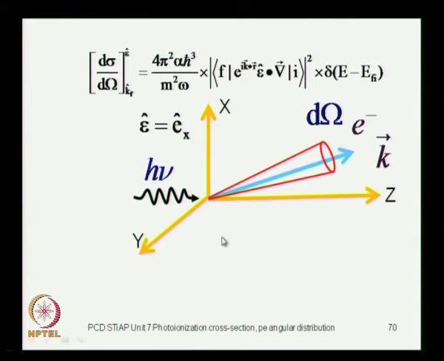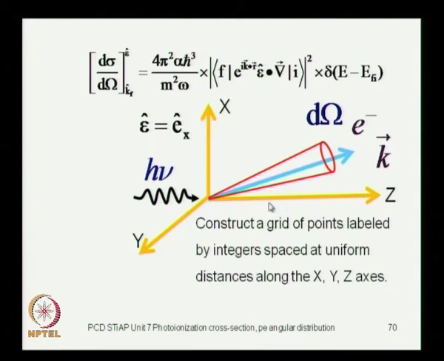So, what we do is we construct a grid of points, so that each of these axes, like x axis, y axis and z axis, instead of looking at them as length axes, we consider them to be 3 orthogonal axes in the number space. So, you have got nx along one axis, ny along the orthogonal axis, and nz along the third axis, and then you construct a grid of points.